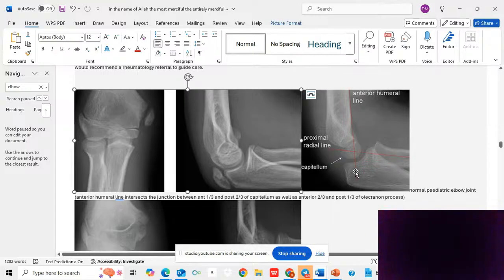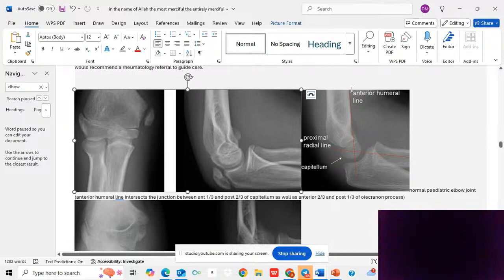So on the lateral view, if you draw the anterior humeral line here, it will intersect the anterior 2/3 and the posterior 1/3 of the capitellum, as you can see here. And this means that there is no supracondylar fracture here.